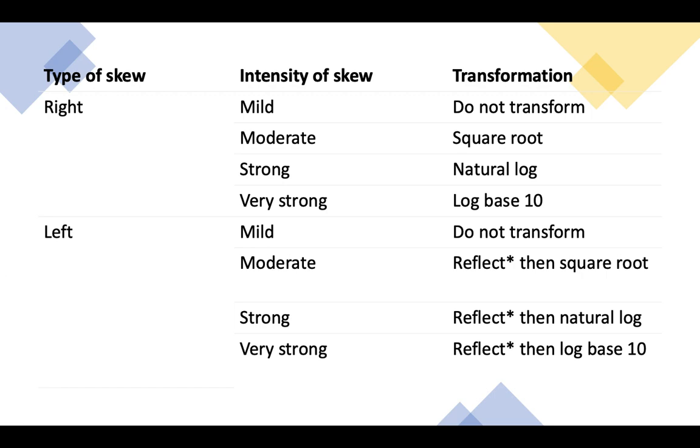skewed, then you can take the square root. Square root dilutes the impact of extreme values. So you can always take the square root, and this transforms the values into a form that neutralizes the skewness of the data. But if your data has high skewness, whether right skewed or left skewed, then you can take the natural log. Natural log is a very powerful transformation, and when you take a natural log, the values vary in a certain range.